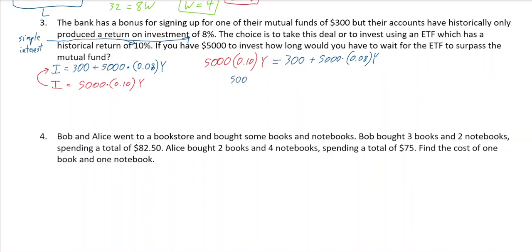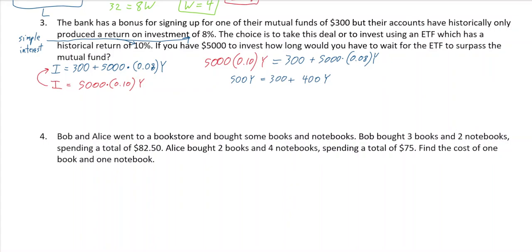So 500y equals 300 plus, and then 80% of that, so 400y. Was able to do that in my head. Okay, and then we're going to solve for y, so we're going to move the y's over.